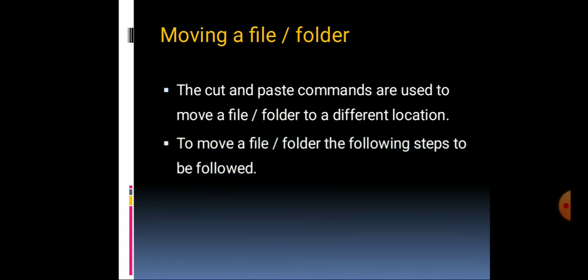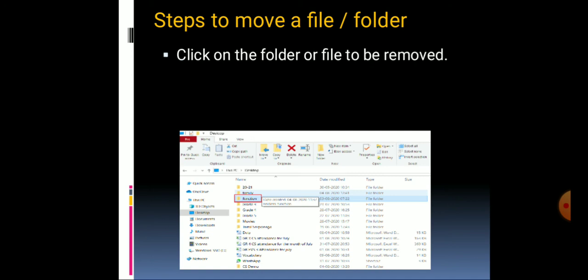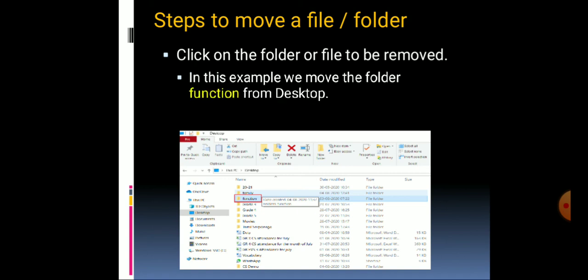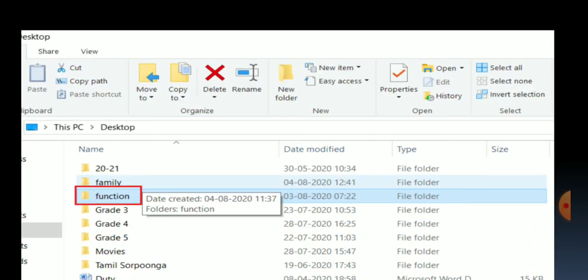So what are the steps to be followed? Let us see by an example here. First, as usual, I have to select the folder which has to be moved. In this example, I have to select the function folder from the desktop. So already I have copied the function folder into the family folder, isn't it?